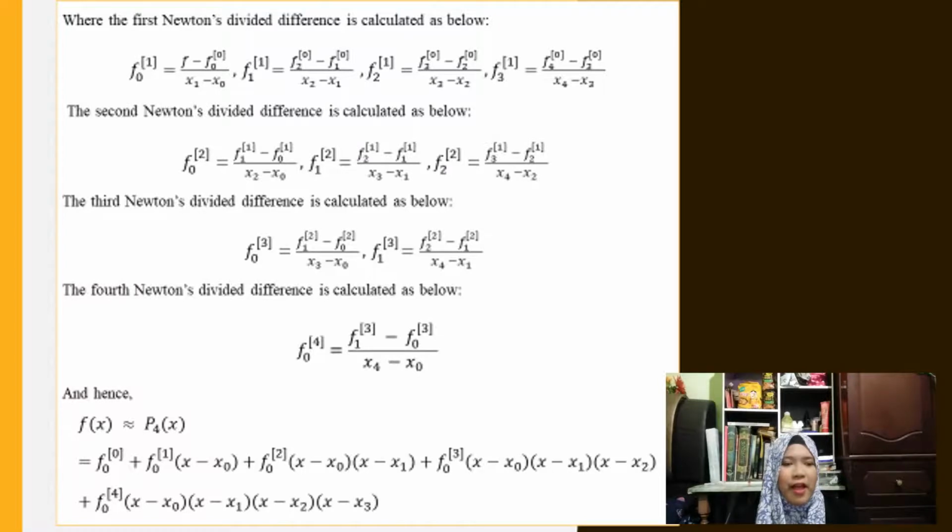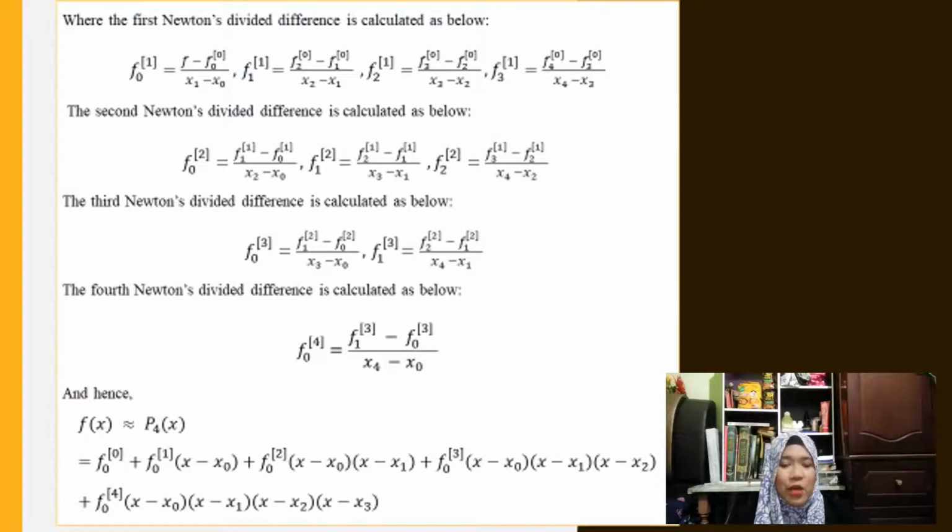F13 equals F22 minus F12 divided by X4 minus X1. The fourth Newton divided difference is calculated as below. F04 equals F13 minus F03 divided by X4 minus X0.